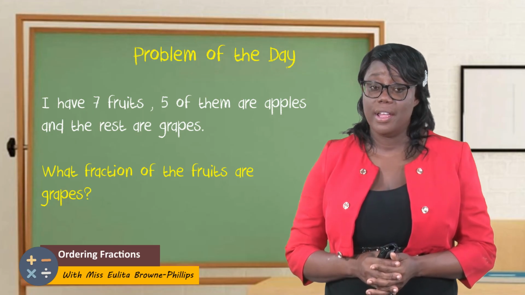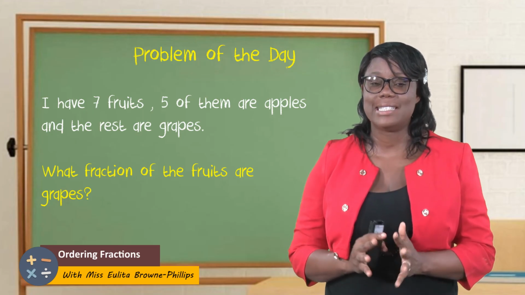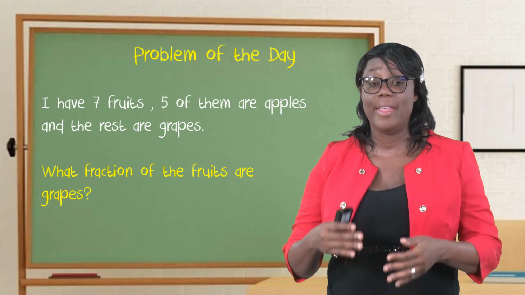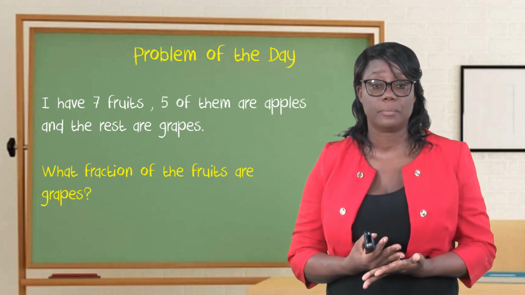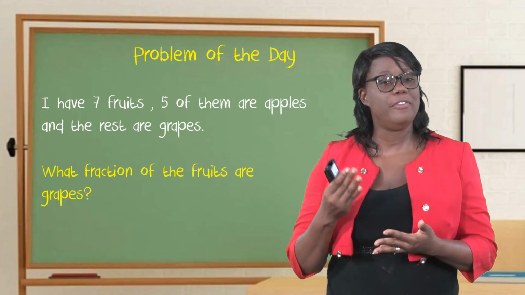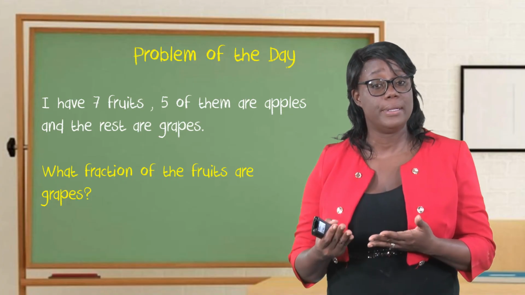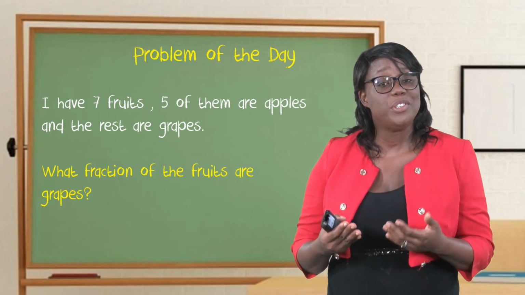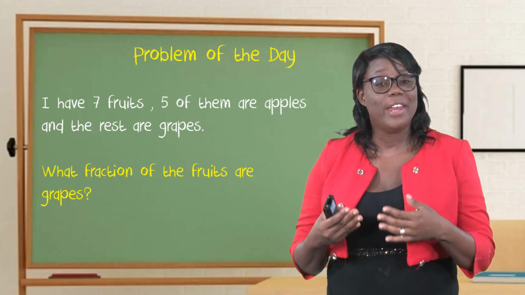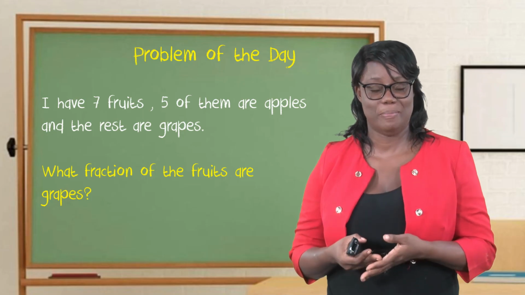Now, you had 7 fruits, and that 7 fruits represented the whole. But it said 5 of the 7 fruits are apples and the rest are grapes. So how would you know how many fruits are grapes?